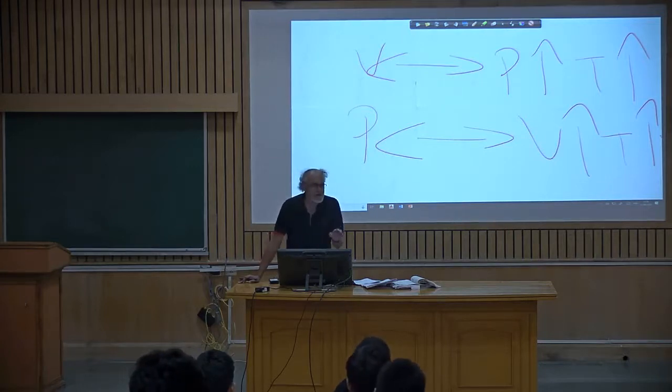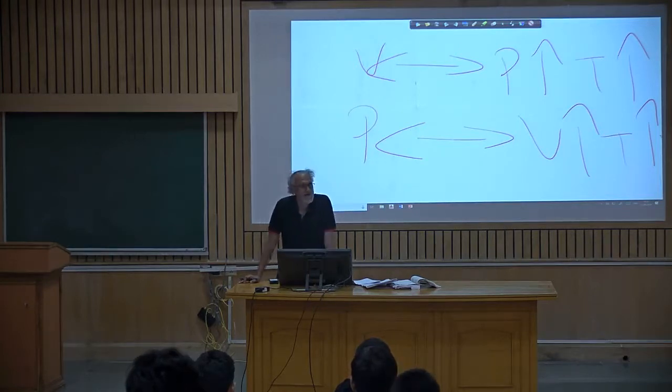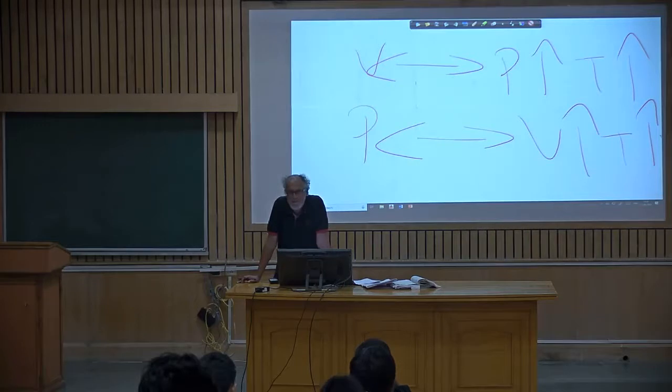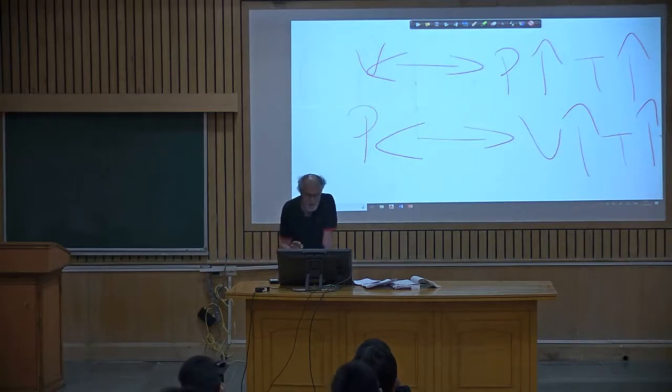Even if you do that, at least you know we are talking about only three things, P and V and T. So at least you should calm down there. Next problem. Good? Shall I go to the second one?